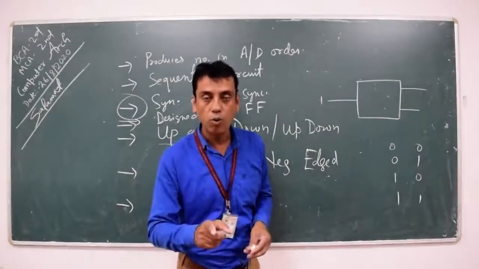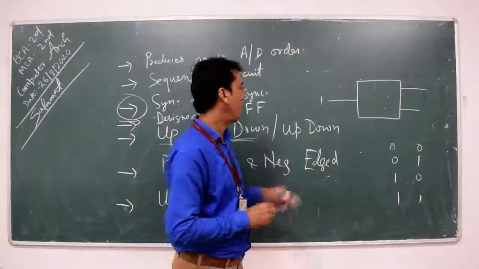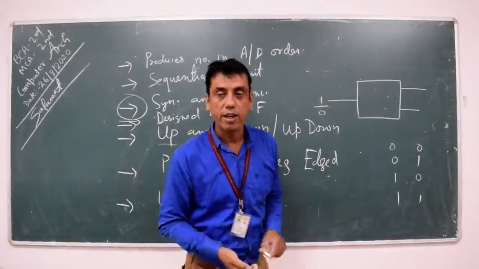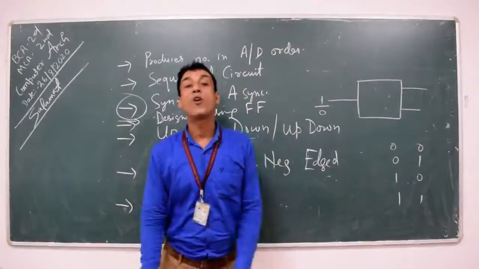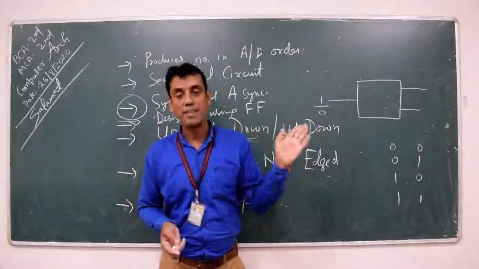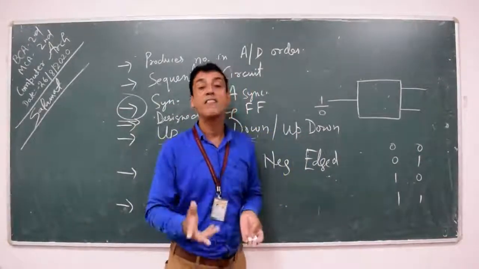We all know that a flip-flop is either triggered with 1 or triggered with 0. There are two possibilities. If the flip-flop is triggered using 1, then it is known as positive edge flip-flop. If the flip-flop is triggered using 0, then it is known as negative edge flip-flop.